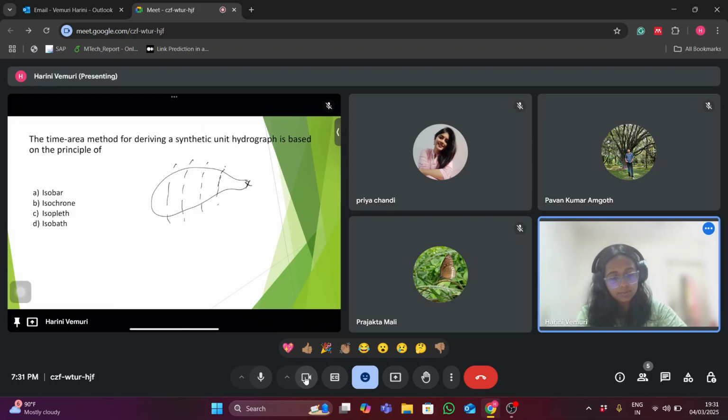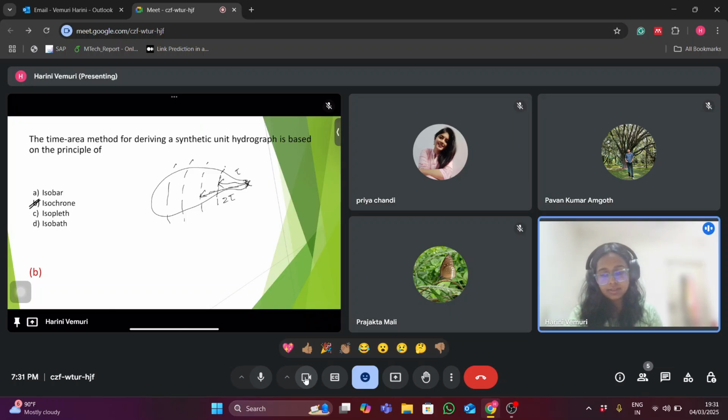All the points lying on this line will take time tau to reach the outlet. Similarly, this will reach in time 2 tau, and so on. So we are generating isochrones. Basically, the main principle is the isochrone, and based on that, we calculate the unit hydrograph.